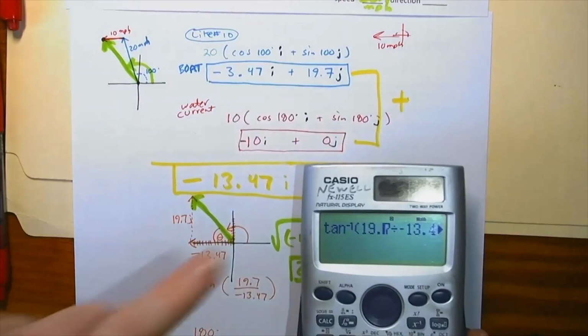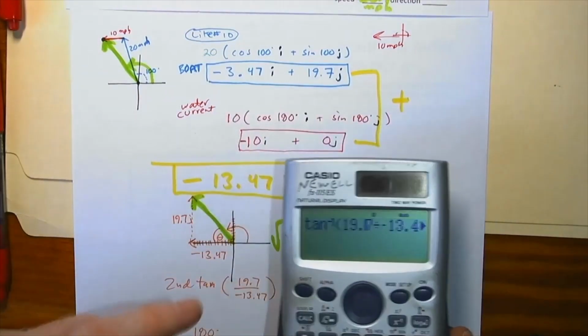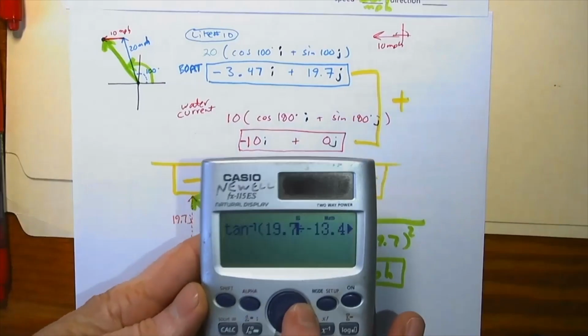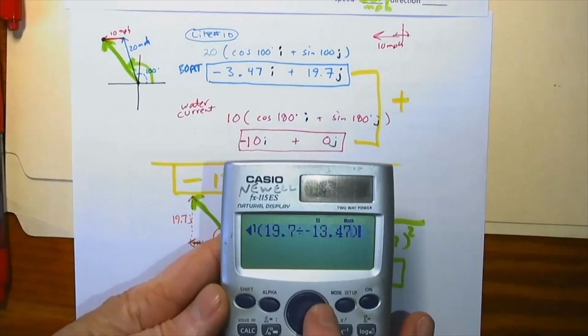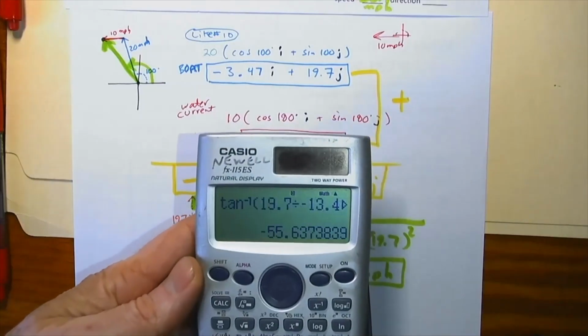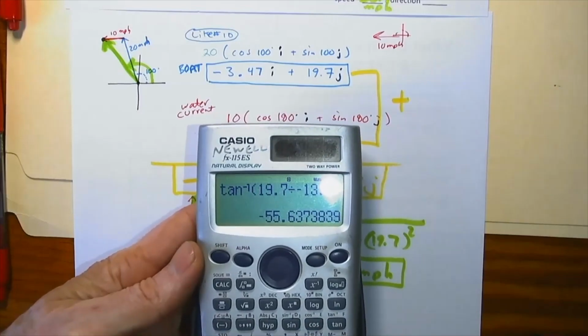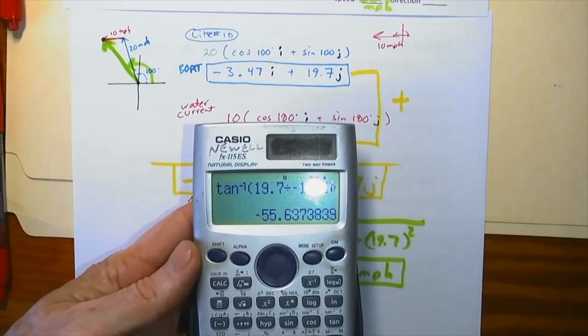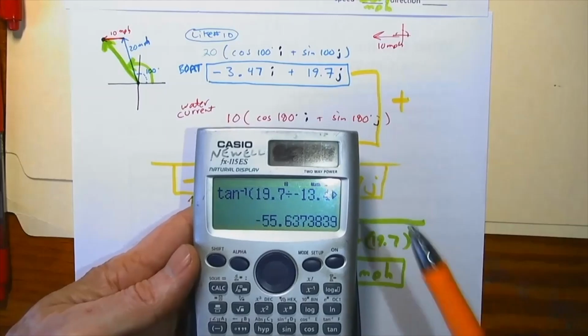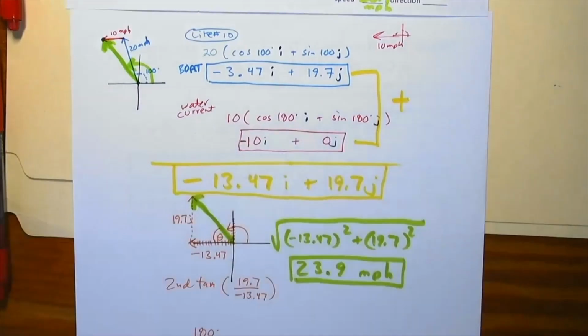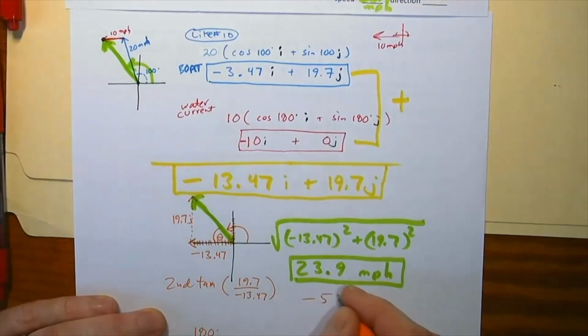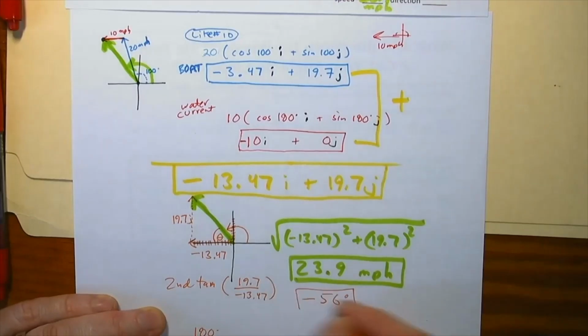So let's punch it in and see what we get. Okay, so I put in second tangent, that, divided by negative 13.47. I'm gonna hit equals, and it says negative 55 degrees. Okay, at this point, let's round it off to negative 56 degrees.